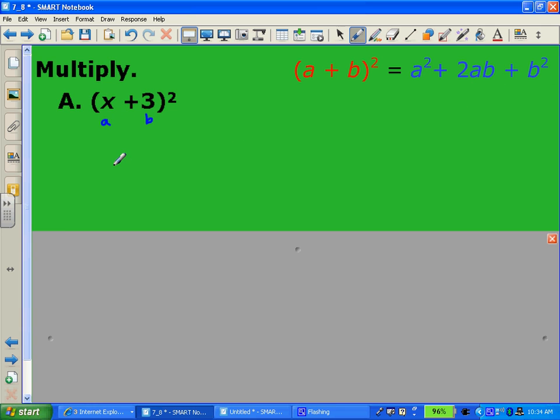So x is a, so x squared is x squared. 2 times a times b, where b is 3. 3 squared is 9. So then I'd have x squared plus 6x plus 9, which is the exact same answer I would get if I FOILed. I'm just using a little shortcut really.